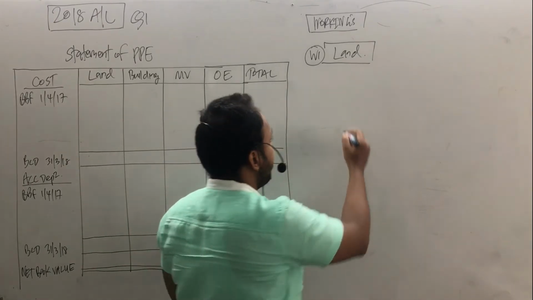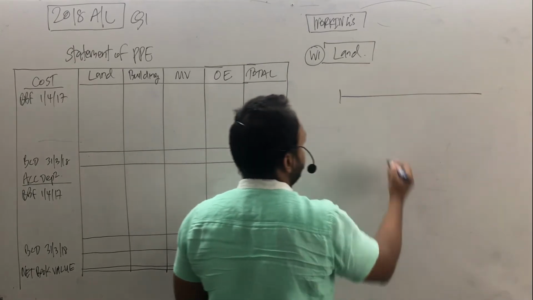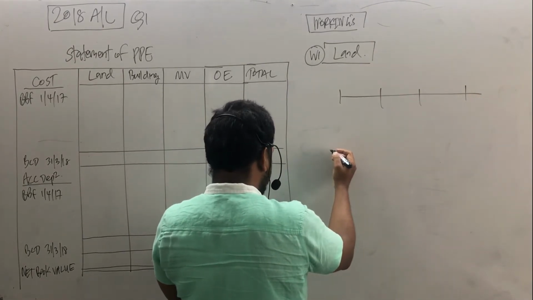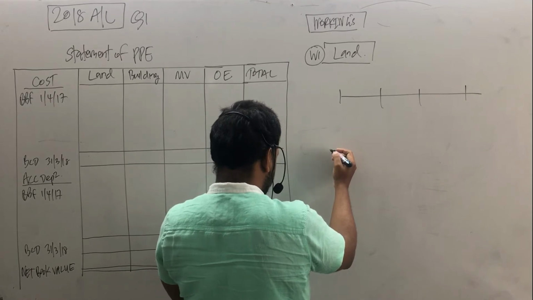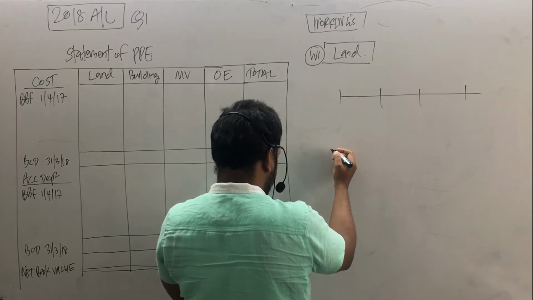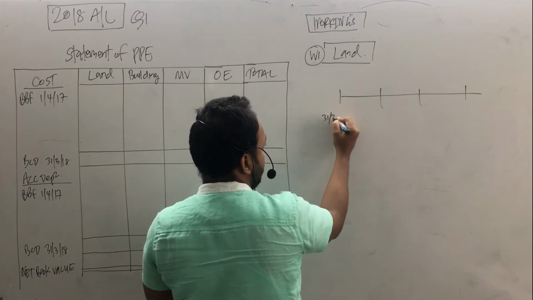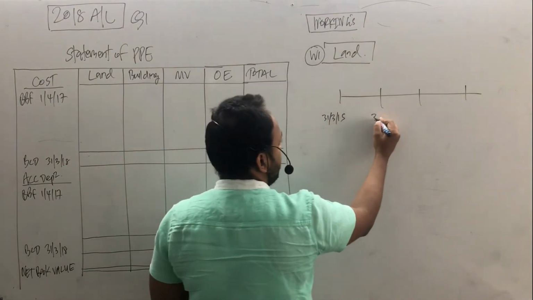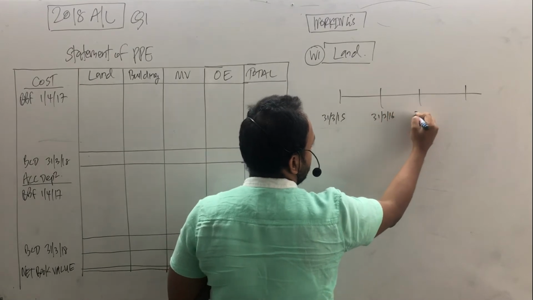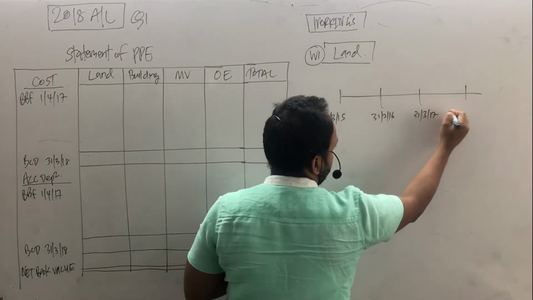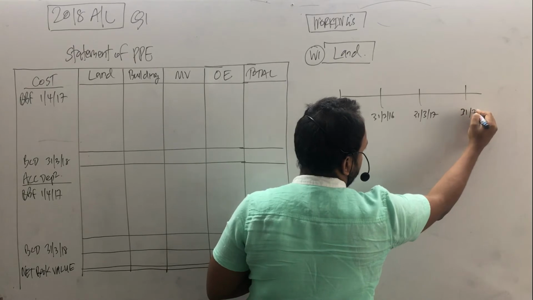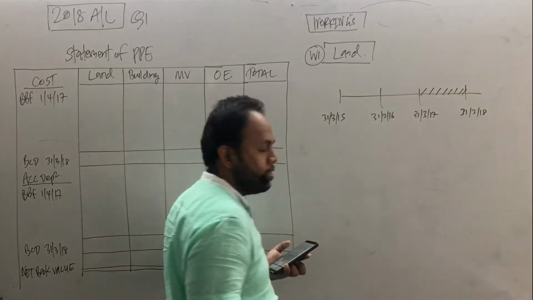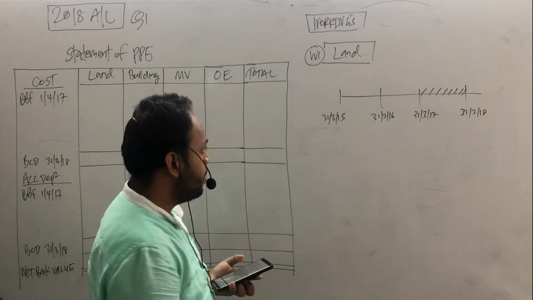So if you draw the timeline, land was revalued first on 31st March 2015, then 31st March 16, 31st March 17, and we are in 18. This is our financial year, right?